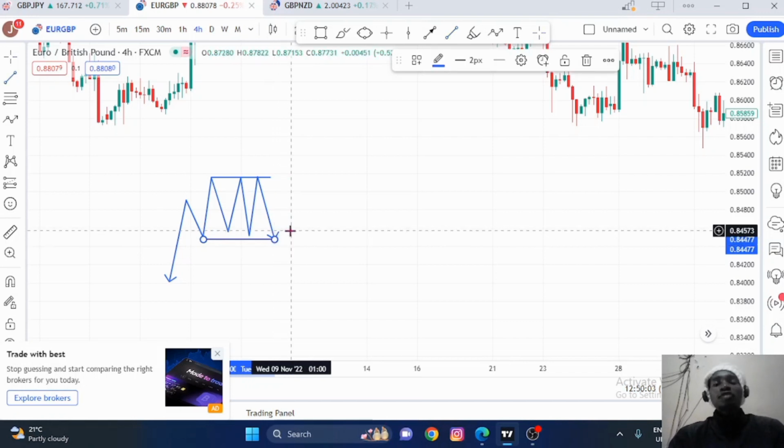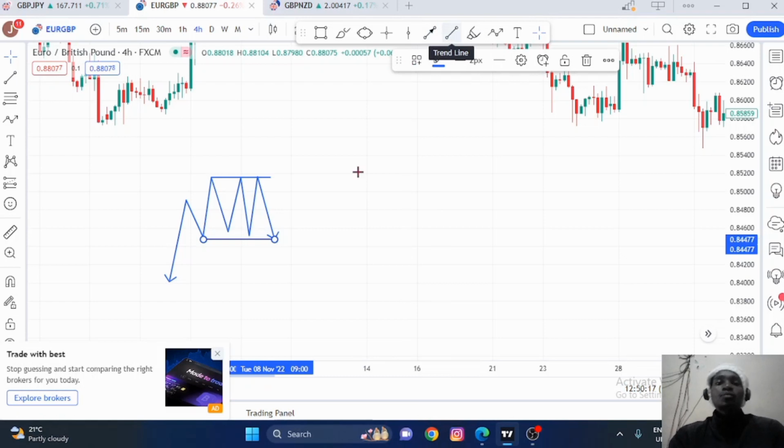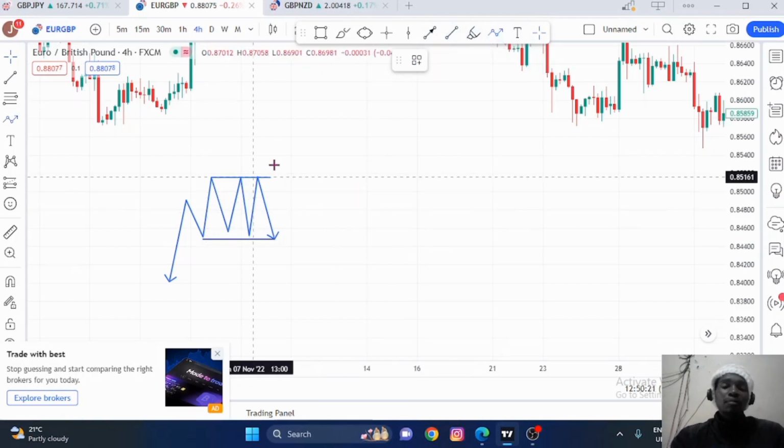After doing your own technical and fundamental analysis, you come to understand that the market's direction is an uptrend, that the market will have to move into an uptrend, so you set your buys, maybe buy stops or whatever.